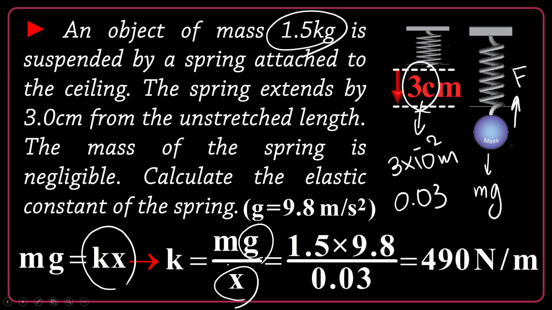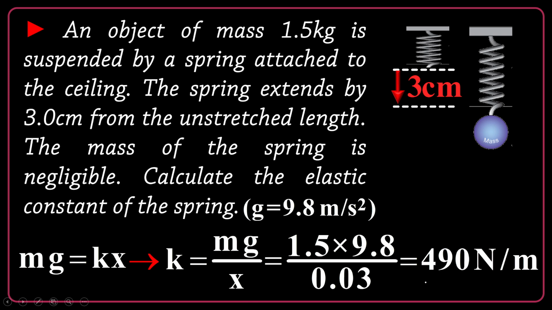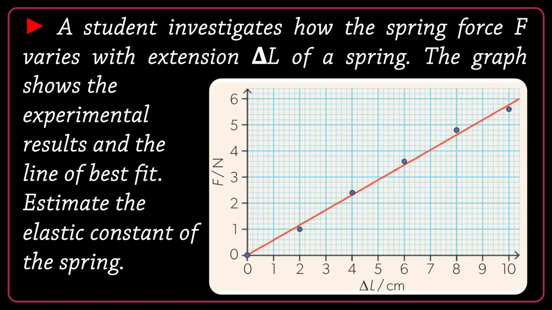Finally, I will have k to be 490 Newton per meter. Why must the SI unit of k be Newton per meter? Because you know that k is F divided by x. F is Newton and x meter. So Newton per meter.